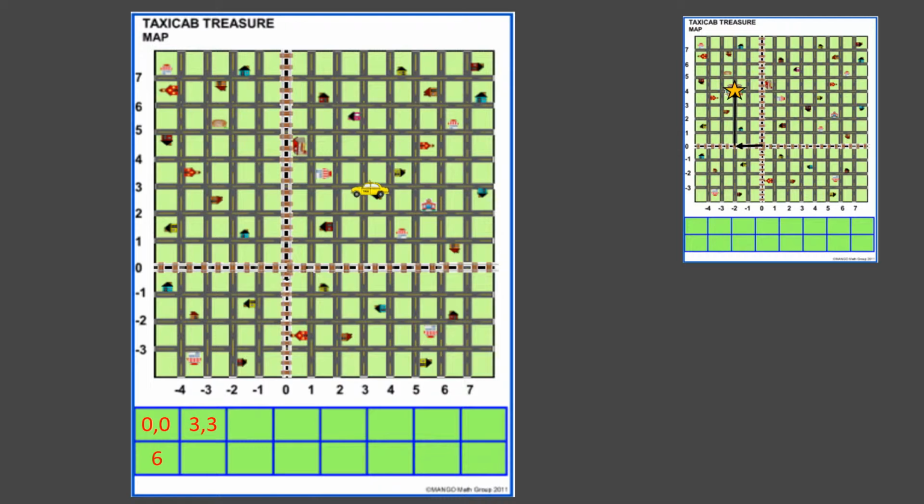So now the person who hid the treasure is going to tell me how many blocks away I am this time from the treasure, and once again, I'm 6 blocks away. So I'm 5 blocks plus 1 block up is 6 blocks away, but the people that have the hidden treasure don't know where I am, so they're going to keep guessing.